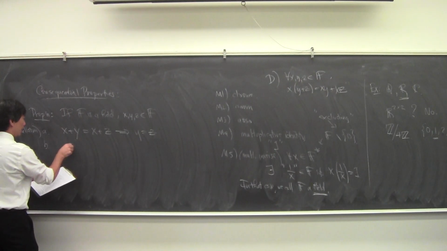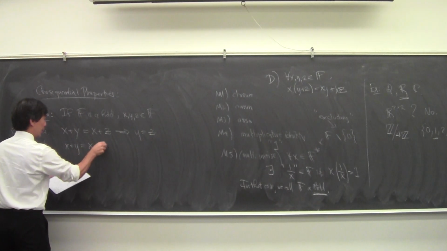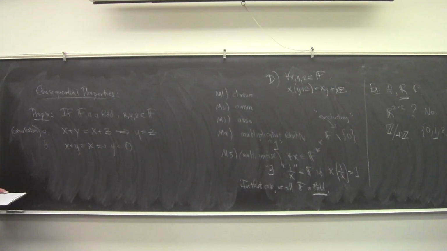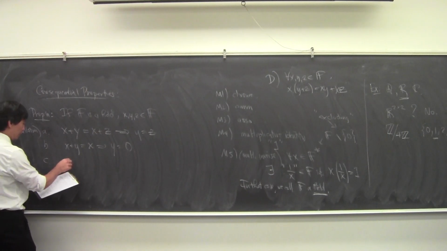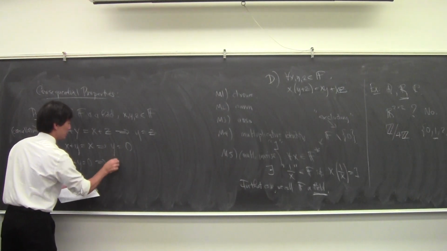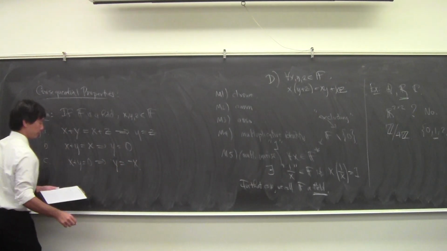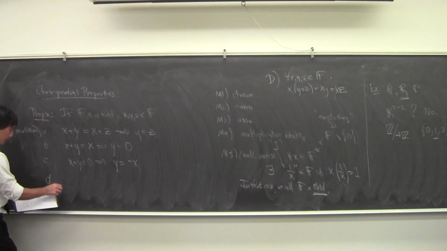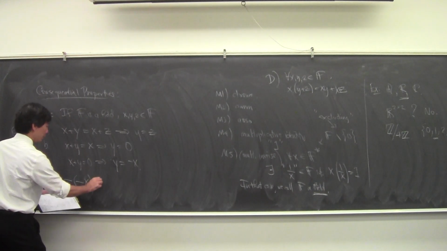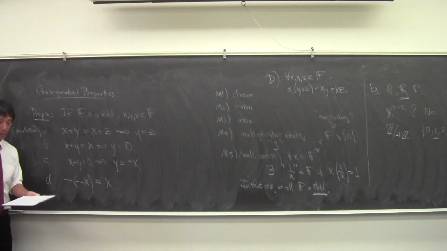Property B, if x plus y equals x, then y equals 0. Okay. Property C, if x plus y equals 0, then y must be negative x. Property D, the additive inverse of an additive inverse is your original element.